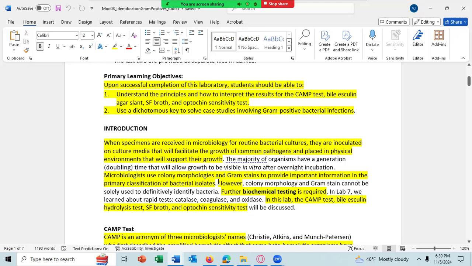Microbiologists use colony morphologies and the gram stain to provide important information about the bacterial isolates. However, further biochemical testing is required to identify the bacterial species. In this lab, we're going to talk about the CAMP test, the bile esculin hydrolysis test, the SF broth test, and the optochin sensitivity test.